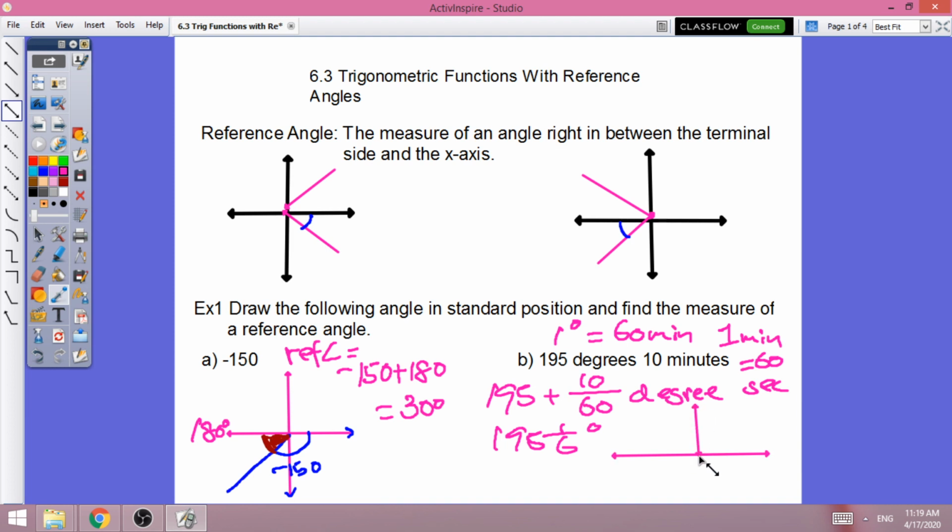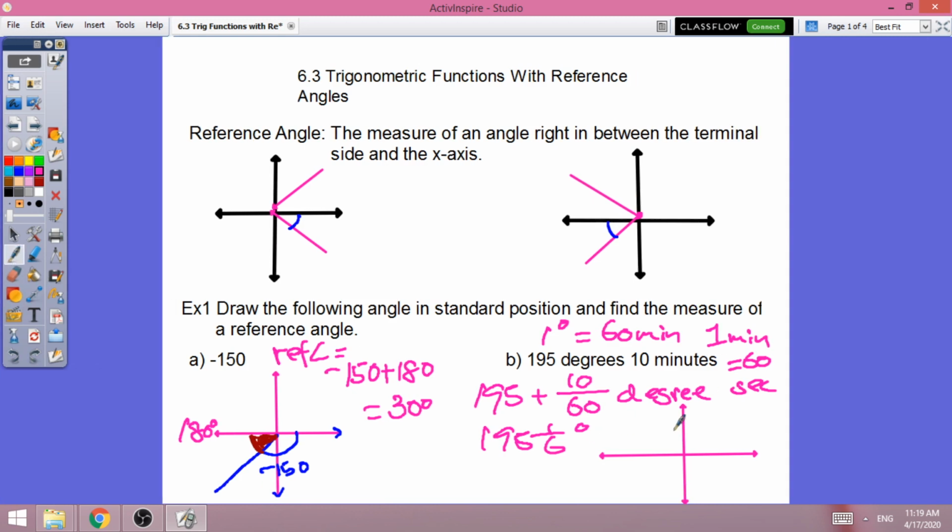Here's the x-axis, here's the y-axis. 195 and 1/6 passes through the 180 boundary, landing slightly down there in quadrant 3. The reference angle is the one between the x-axis and the terminal side.